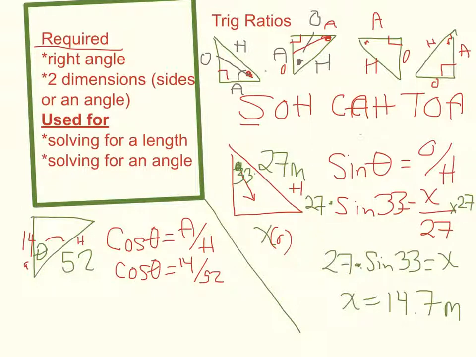Because we're solving for the angle, we have to use the inverse button on your calculator. Your choice, you can divide 14 by 52 first and get the decimal, or you can do it all on your calculator by going inverse cos of 14 divided by 52.